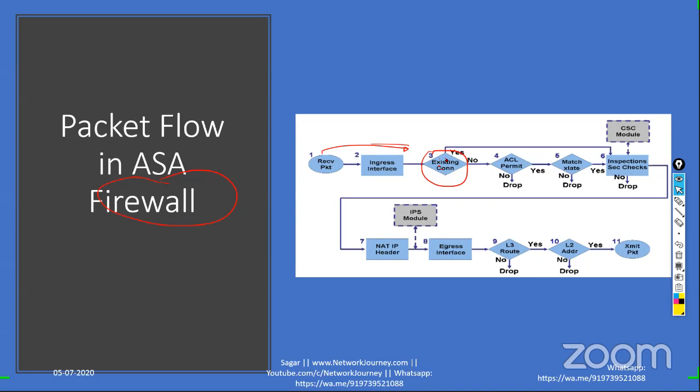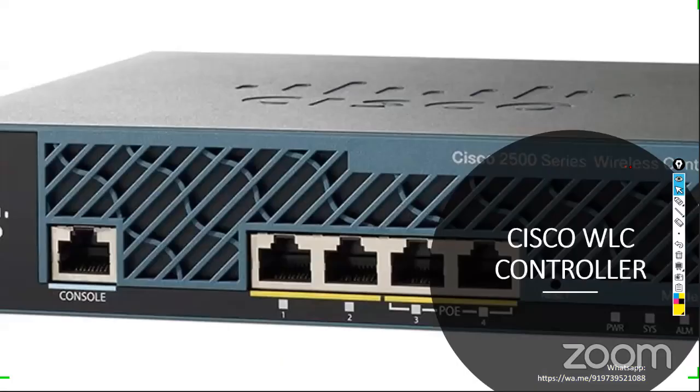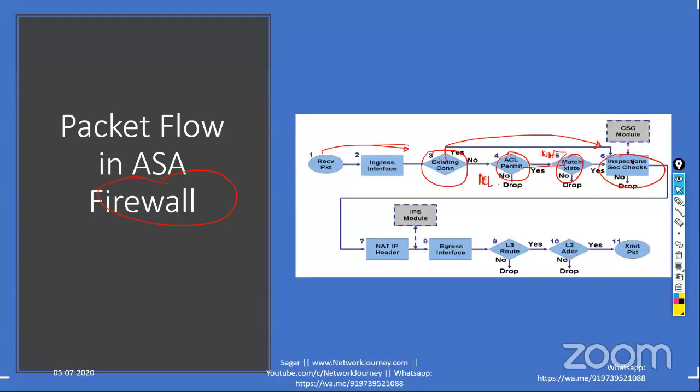If you have an existing connection, it sends directly to the inspection engine. If it doesn't have a connection, it sends for an ACL check, then the NAT check, and then goes to the inspection engine, where it keeps a record of this entry, and then it sends it to the NAT header.